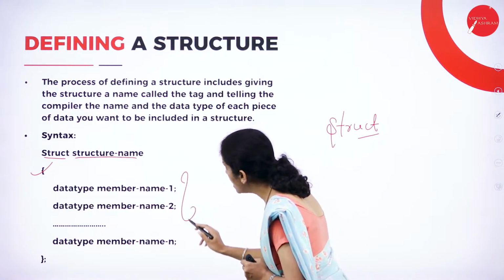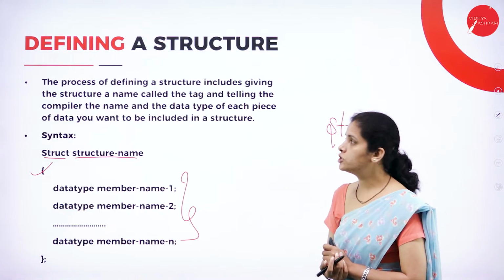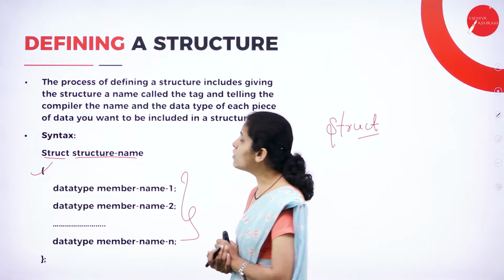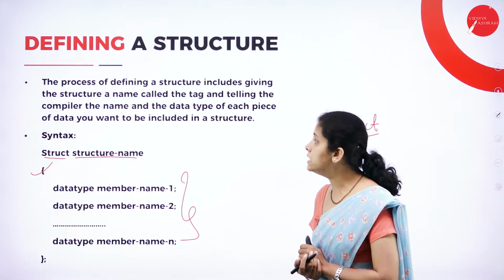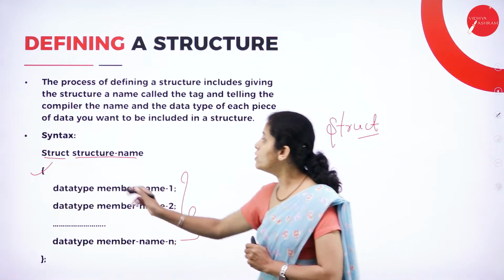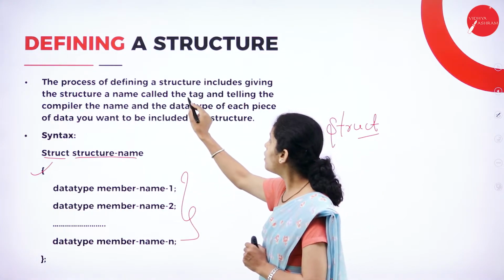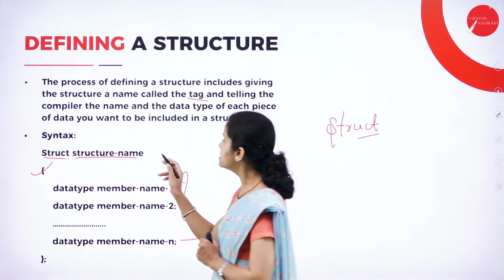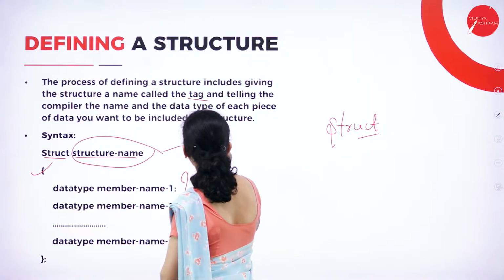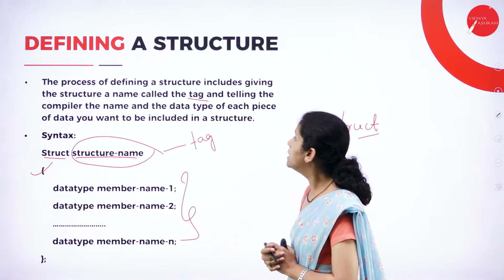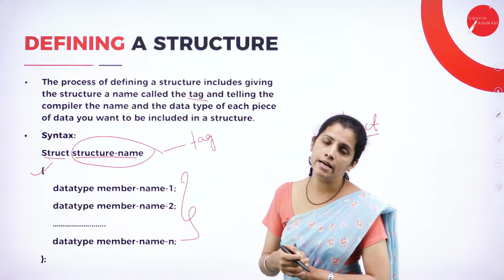The process of defining a structure includes giving it a name, and that is called the tag. Here the structure name itself is referred to as the tag, and it tells the compiler the name as well as the data types.